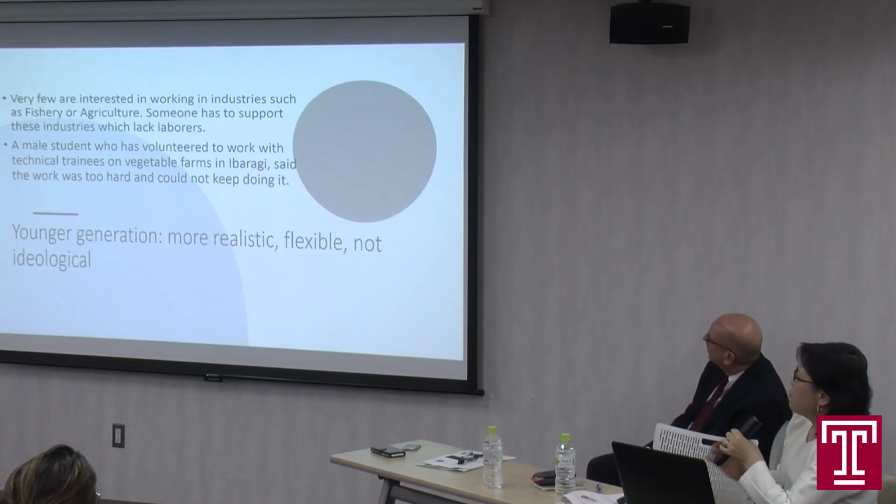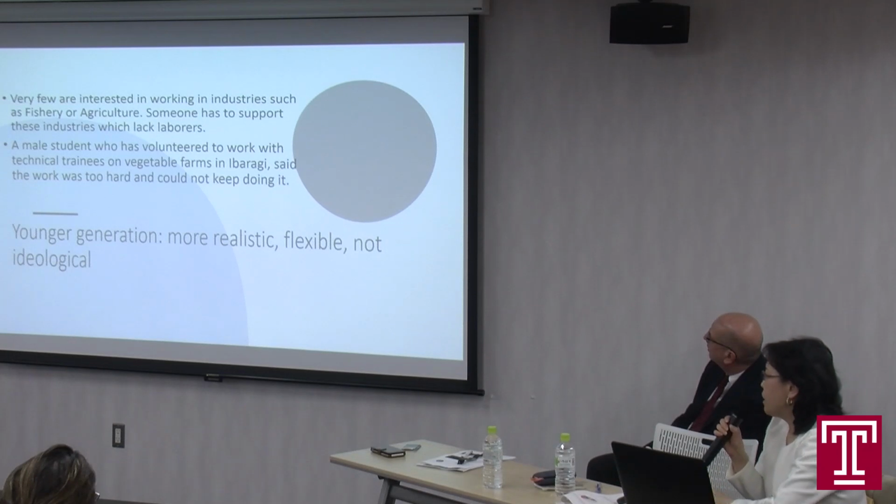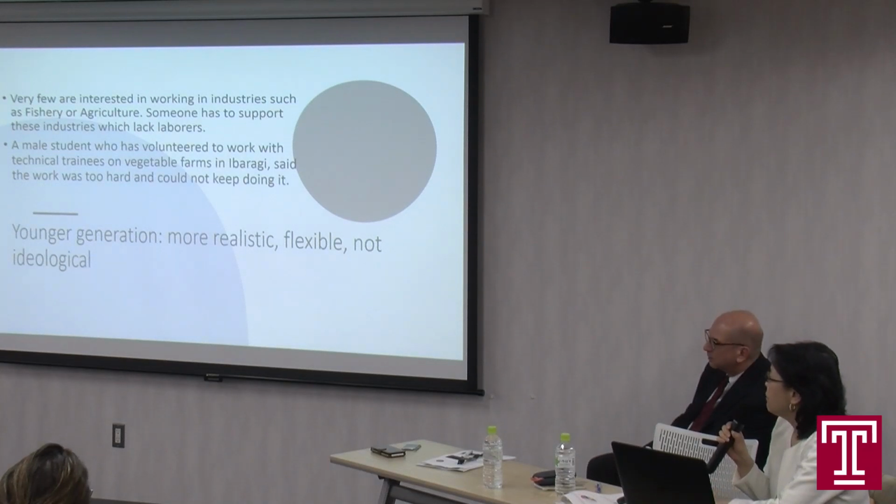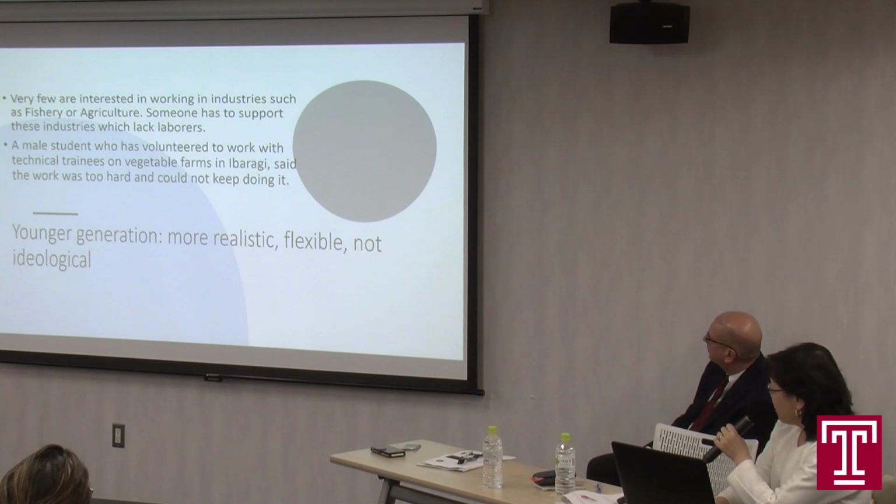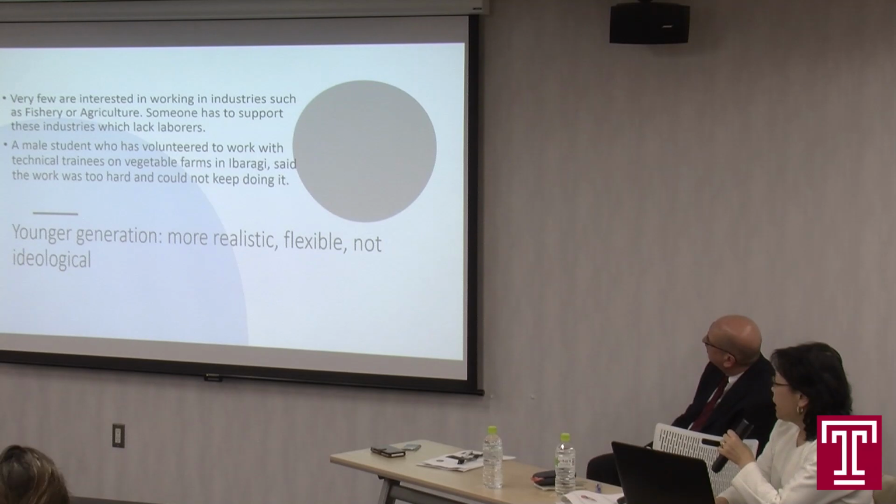So from my own dialogue with the younger generation, I found that they are more realistic and flexible, not necessarily open-minded, but not ideological. And very few are interested in working in industries such as fishery or agriculture because there are other jobs available to them, but they know that someone has to support these industries which lack laborers.